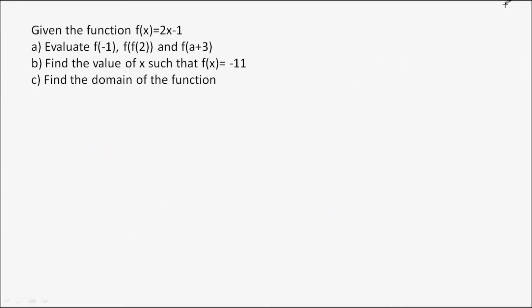Okay, let's take a look at some examples. Given the function f of x equals 2x minus 1, evaluate f of -1, f of 2, and f of a plus 3. Okay, first, what does this mean, f of x equals 2x minus 1?